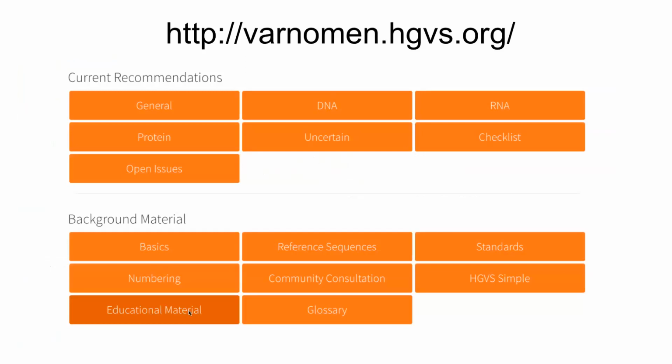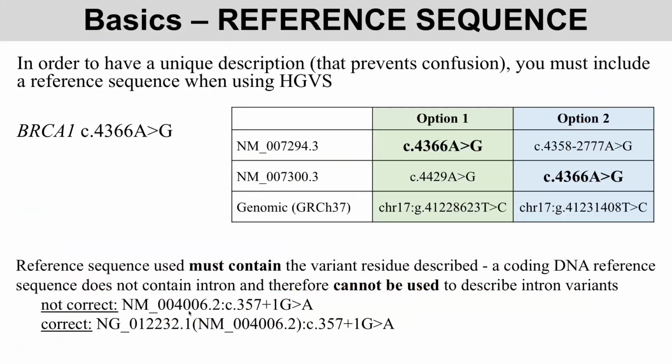But all right, I'm going to jump into the basics now. So one of the main things that sometimes people forget about when we talk about HGVS is that you really need to include a reference sequence, because otherwise you don't know the context for what cDNA change you're talking about. So I added an example here: if you just say BRCA1 c.43668 to G, because there are different transcripts of BRCA1, this could mean two different variants that map to two different genomic coordinates.